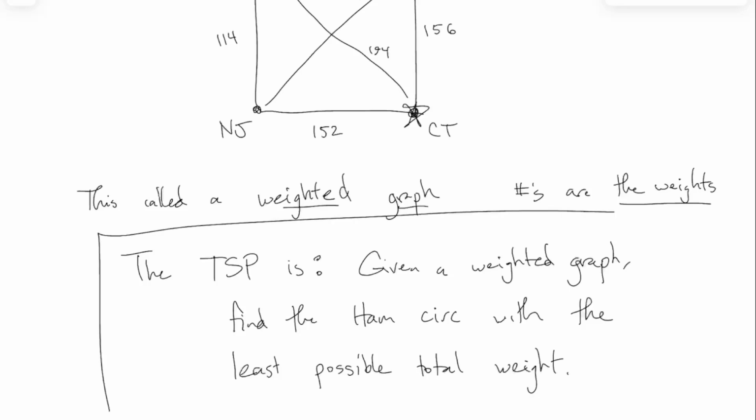All right, this is the technical way of describing exactly what the traveling salesman problem is. The problem is, if I show you a weighted graph, can you find me the Hamilton circuit with the least possible total weight? That is, you add up all the weights along the circuit and you want the smallest answer possible. All right?